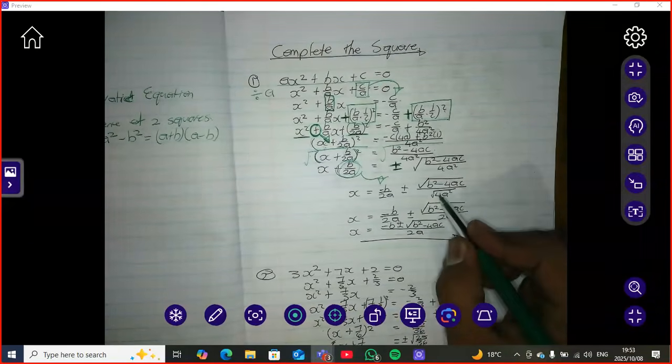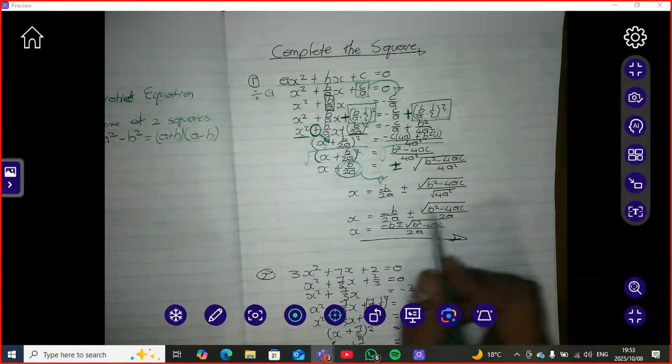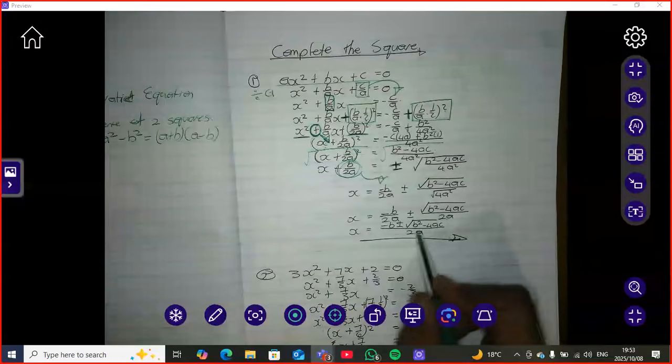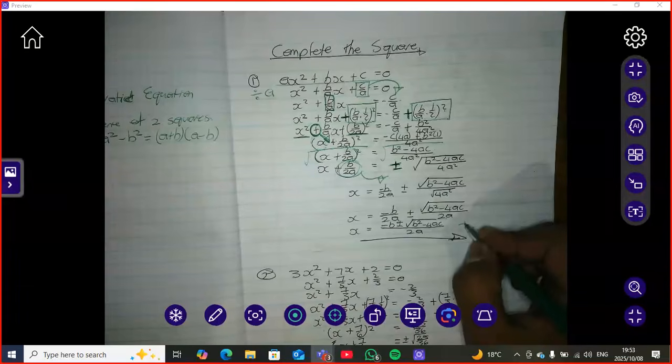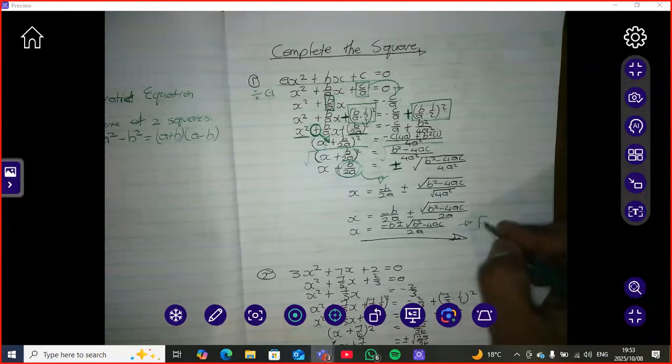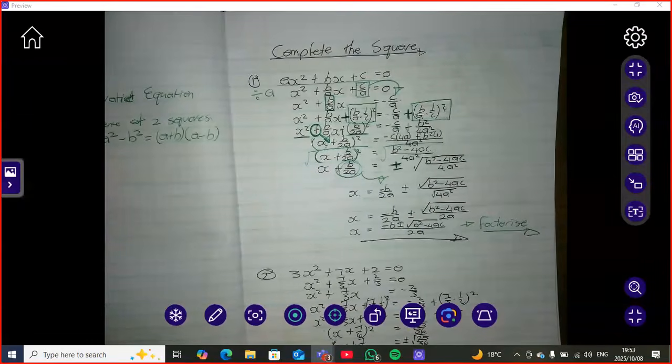So when I square root 4a squared, I get 2a. Then all I did was add these two fractions together and it gave me this. And this is the formula that we use to factorize. I know it's a lot because of the fractions and all, guys, but the steps never change no matter what you have.